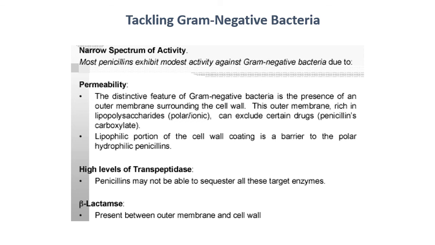Again, we'll come on to this in more detail soon. Beta-lactamase is an enzyme which basically breaks down beta-lactams, and its production has evolved due to selection pressure from overuse of beta-lactams over the last 70 odd years.